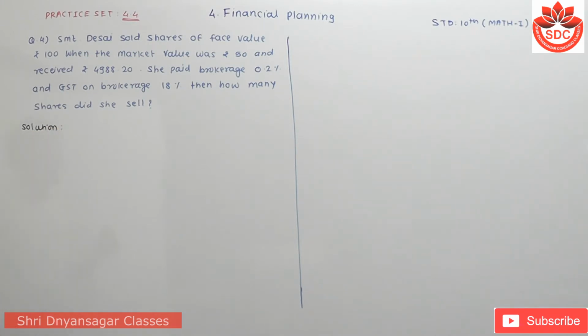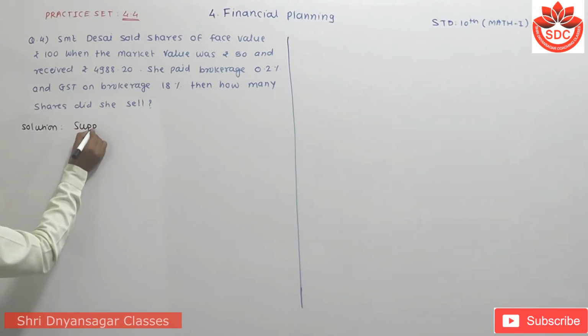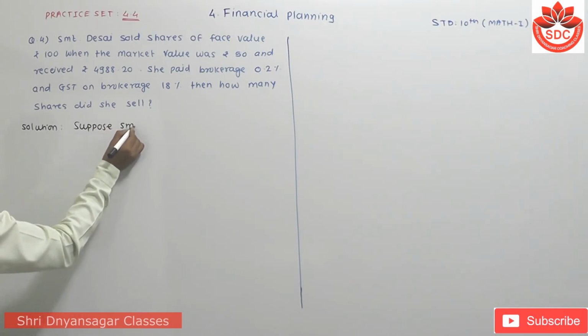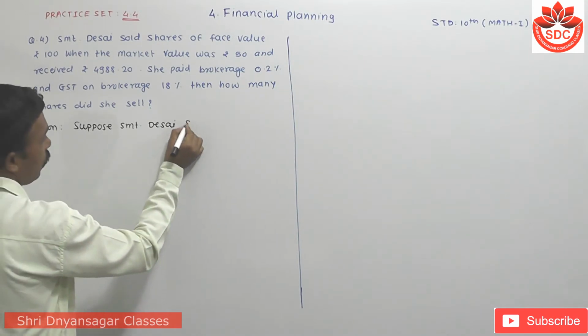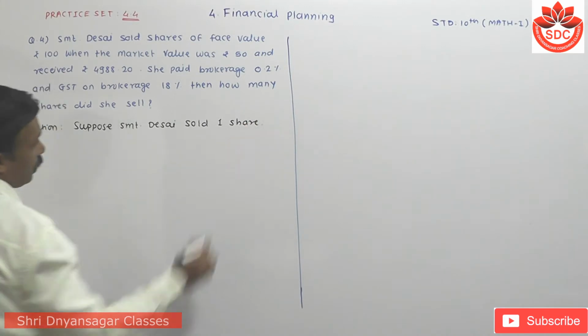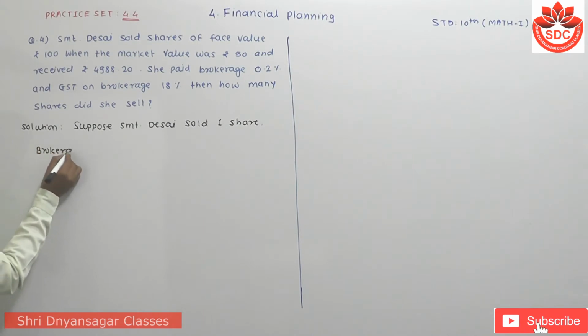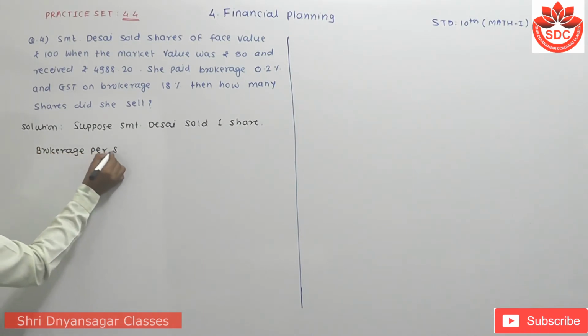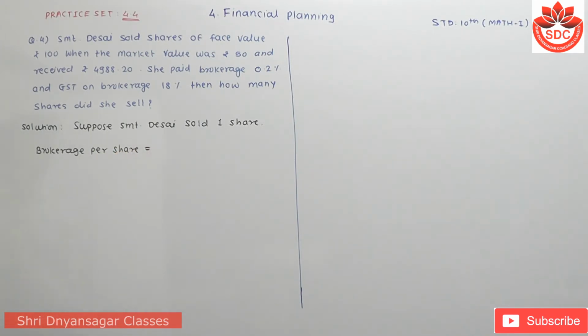Suppose Srimati Desai sold one share. First we have to find out for this one share. Brokerage per share is given here. Brokerage per share is equal to how much?